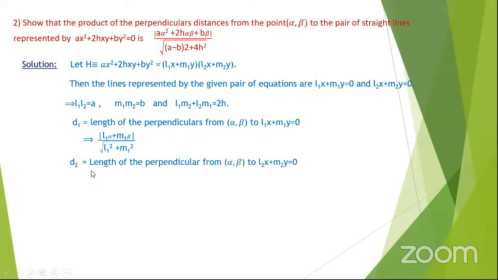Now, D2 is nothing but the length of the perpendicular from the point to the other line, L2x plus M2y is equal to 0. We know the formula, so substituting the values we get L2 alpha plus M2 beta by under root of L2 square plus M2 square.